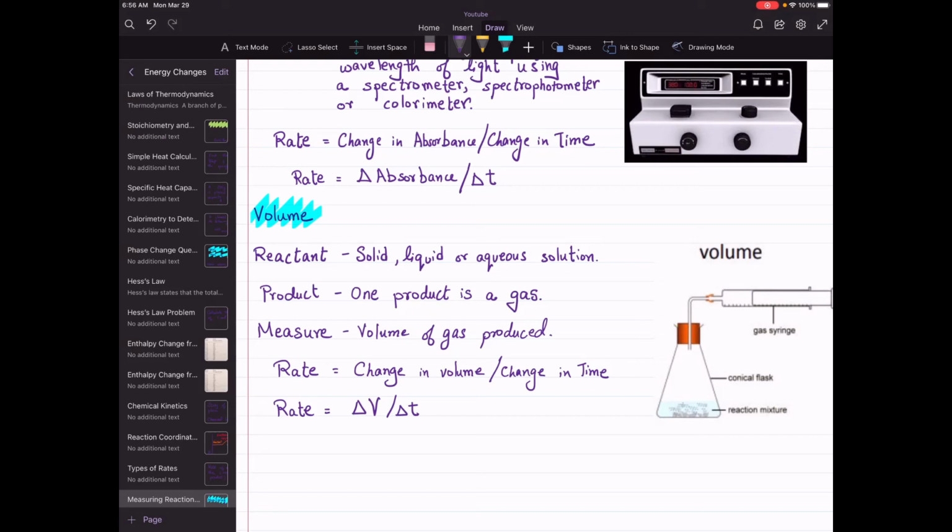And if you can figure out how fast the gas is being produced, how fast the volume is changing with respect to time, we will know the rate of the reaction. So in this case, rate is going to be equal to the change in volume over the change in time, which is delta V, uppercase V for volume, over delta T for time. And that will tell us how fast this reaction is taking place, right?